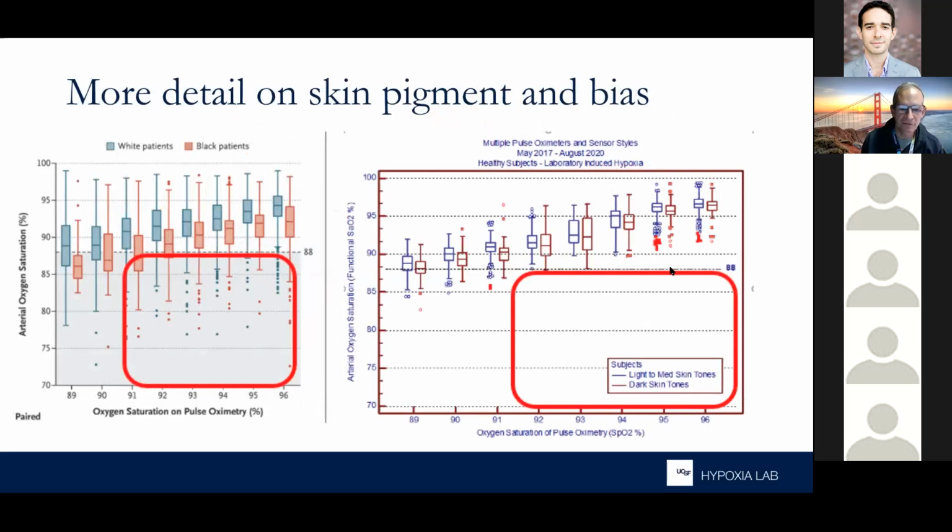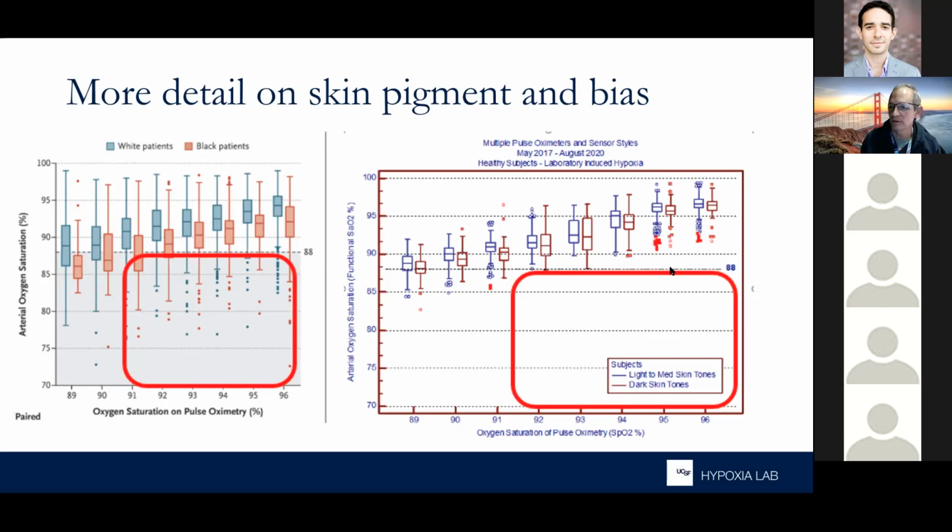So the left is Schoeding's patients in the clinic. There's something going on. On the right are data from laboratory studies using the methods that I described earlier. You don't see the same issue. You see the same direction where pulse oximeters read too high in darkly pigmented subjects, but you don't have as much scatter. So now the focus is on what is it about clinical settings that amplify the bias in pulse oximetry?